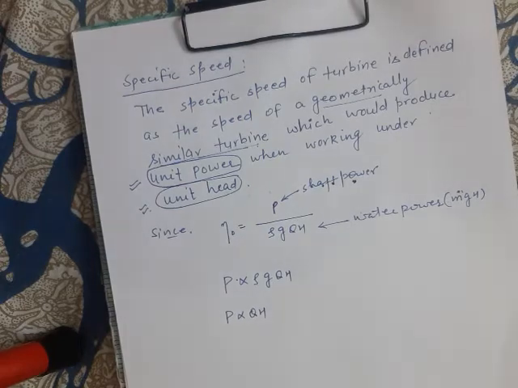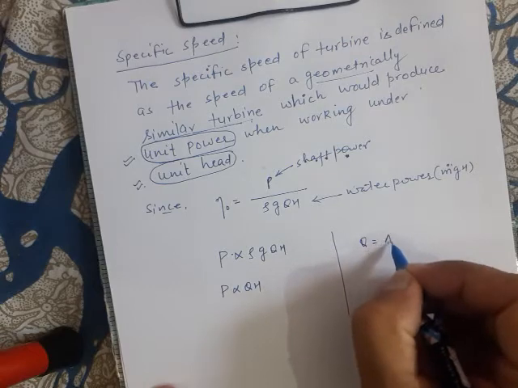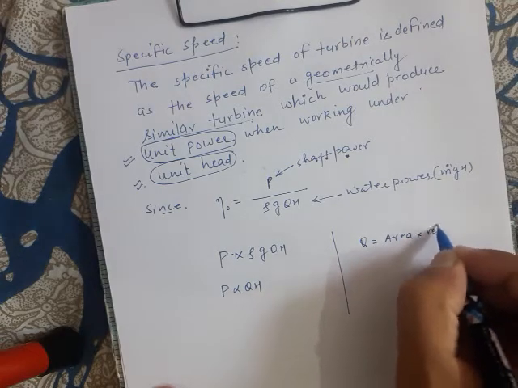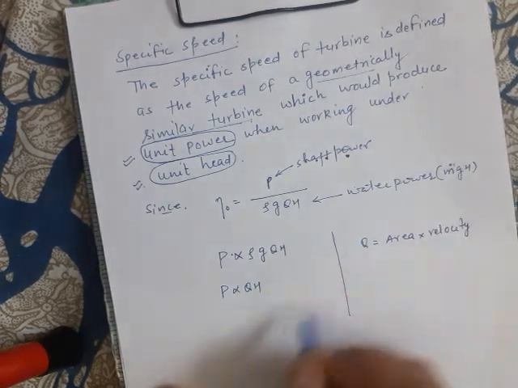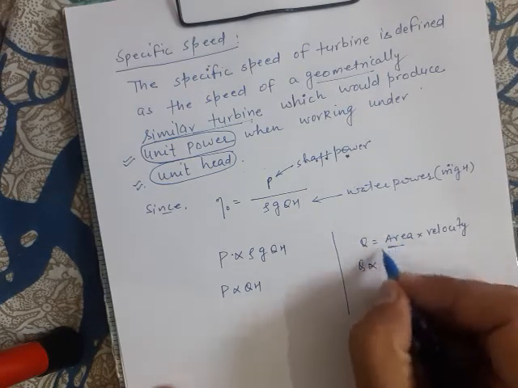Now please note one or two points. Since Q is given by area multiplied by velocity, Q is directly proportional to area.